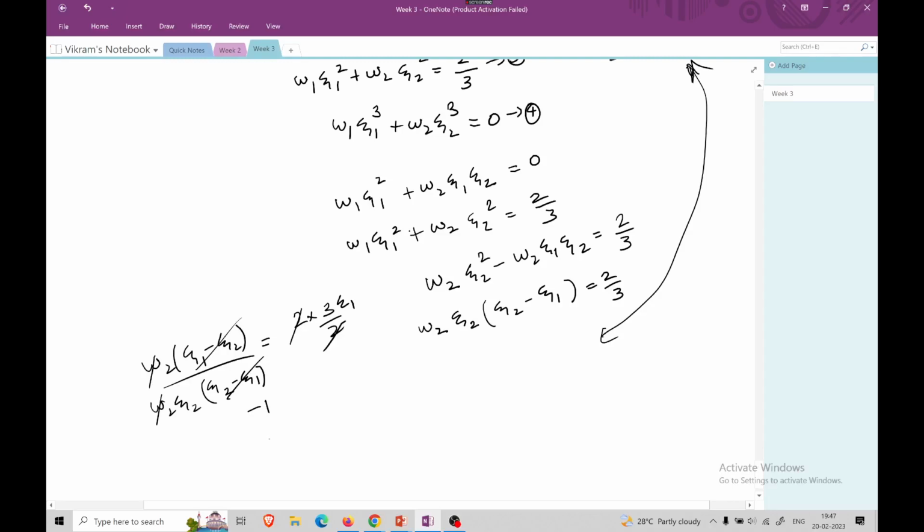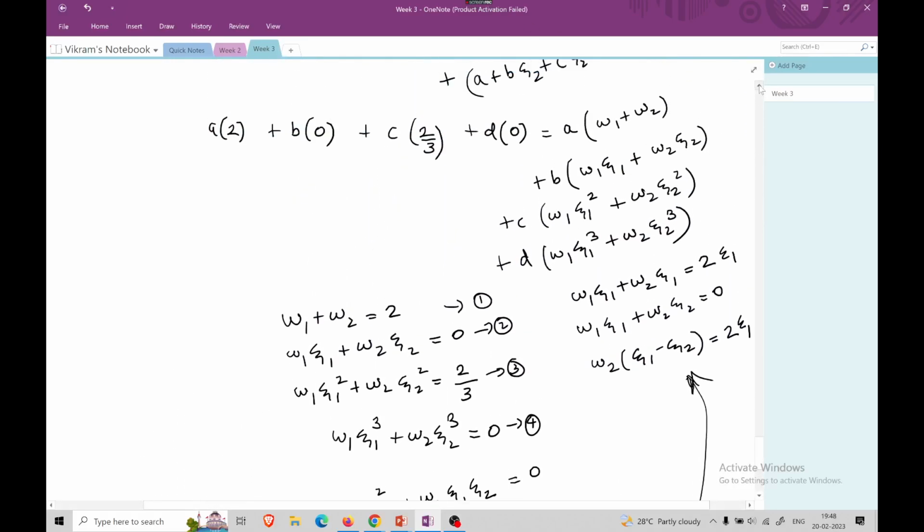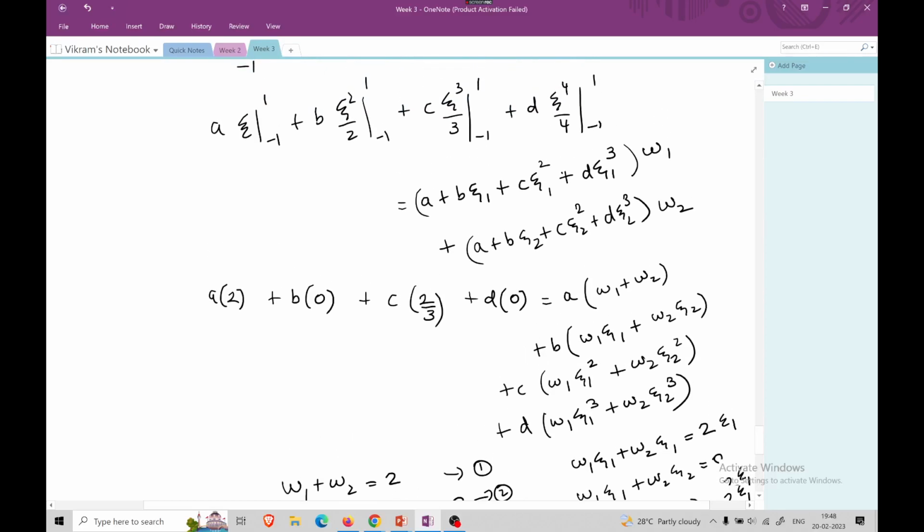These both will go. Minus 1 by epsilon 2 is equal to 3 epsilon 1. This is what I am getting. Okay. Let us check once more all the equations.